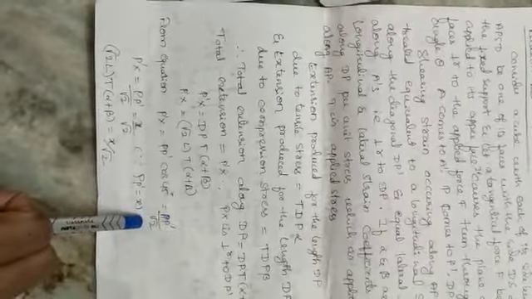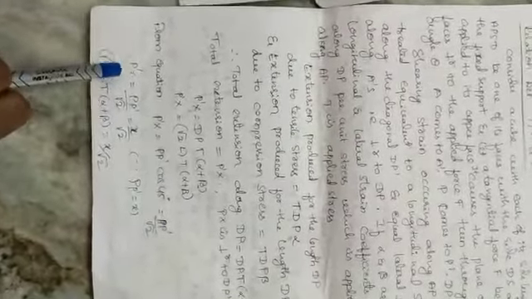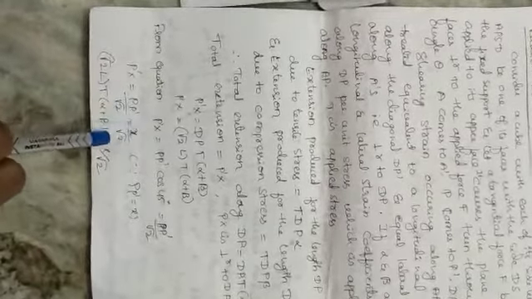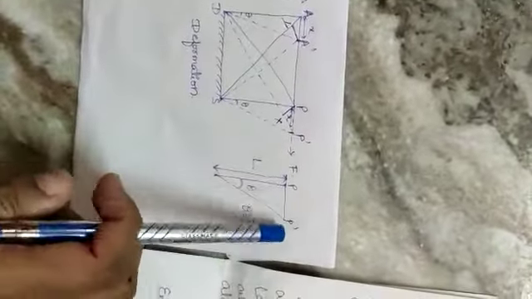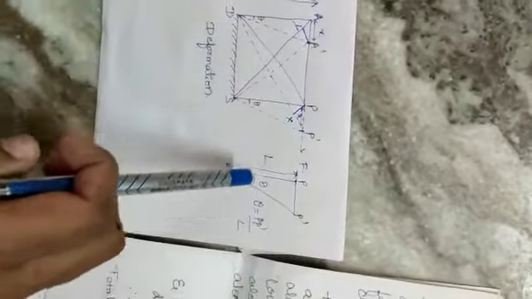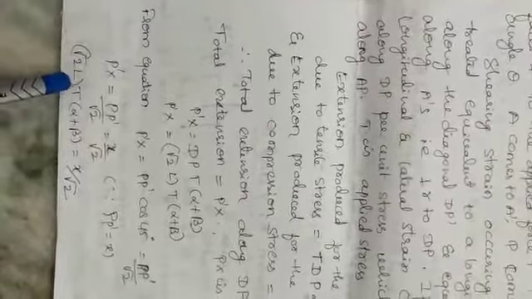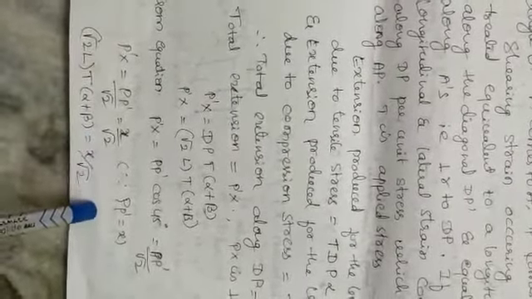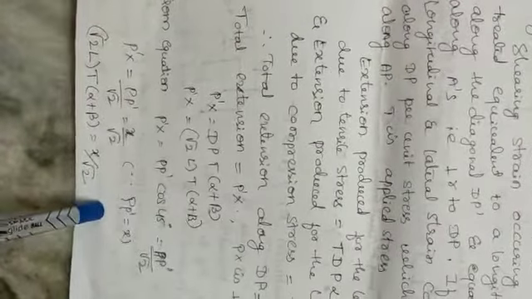From the isosceles triangle, P dash X is equal to P dash divided by root 2, that is equal to X divided by root 2. So P dash is equal to X. You can see in the diagram that this distance is considered as X. So next, root 2 L T alpha plus beta is equal to X divided by root 2.